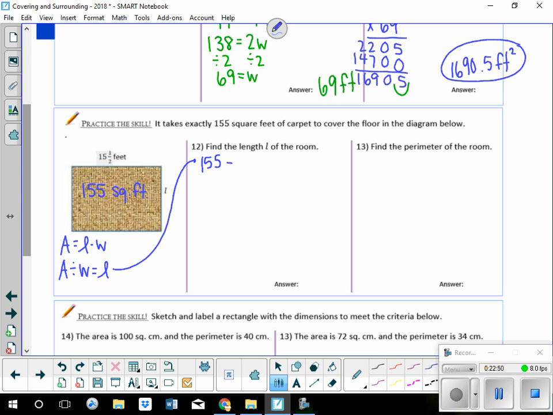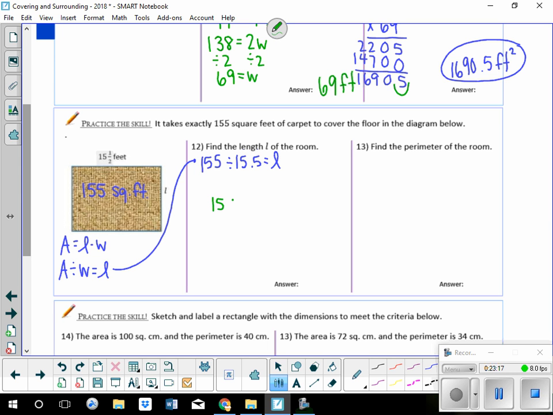Good job with your fact families. Okay, let's go ahead and set this up as a division problem with decimal. This will be a really good review for us. So I have 155 divided by 15.5.